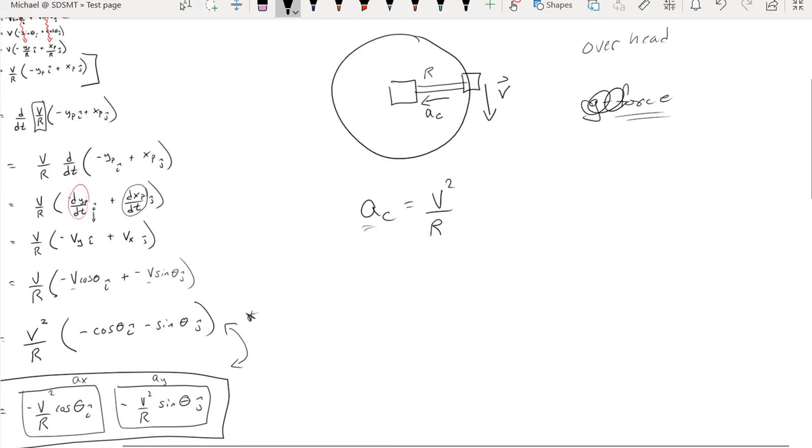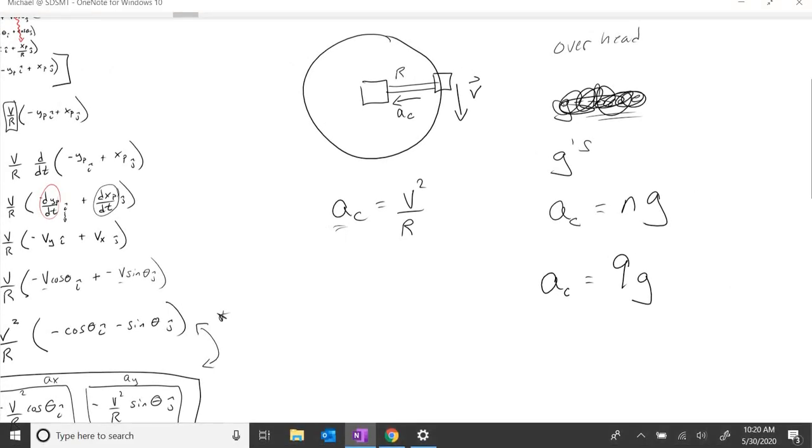So what we refer to here are the G's that this person is exposed to. And so the centripetal acceleration will be expressed as some scalar integer of the acceleration due to gravity. And a passing score for most of these is about 9 G's. So 9 times the acceleration due to gravity.